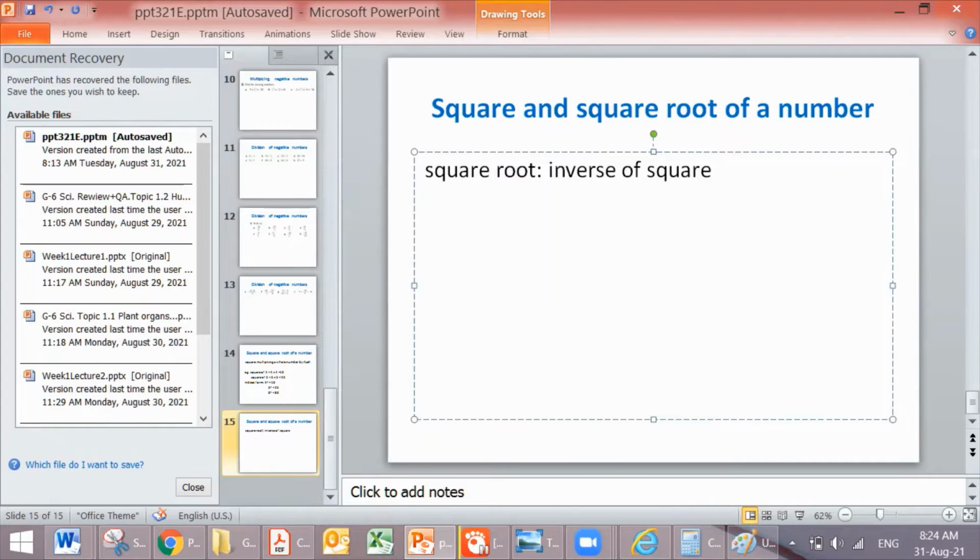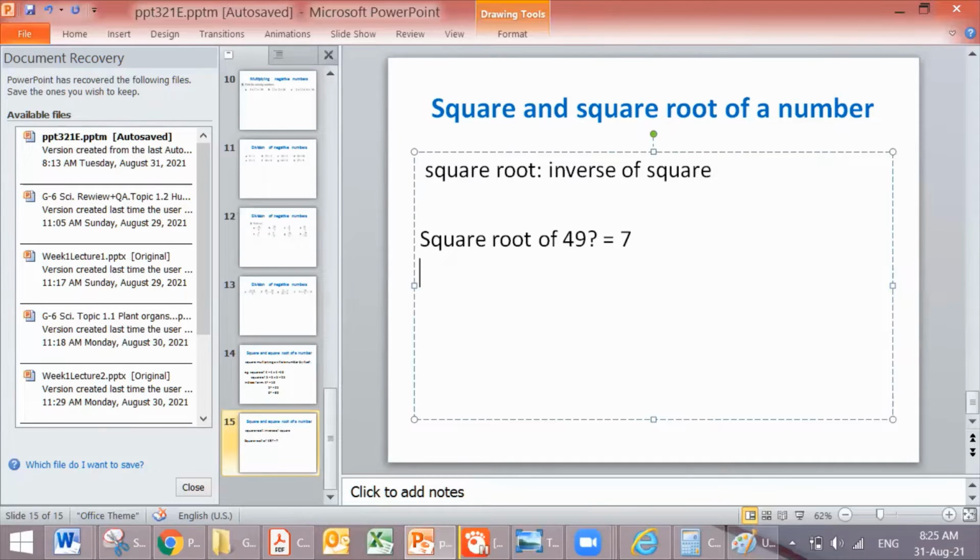For example, if I ask you what is the square root of 49, you have to find the number that multiplied by itself gives 49. If I do some calculation, I will see that its answer is 7, because 7 is the number which I multiply by itself to get 49. So the square root of 49 is 7.